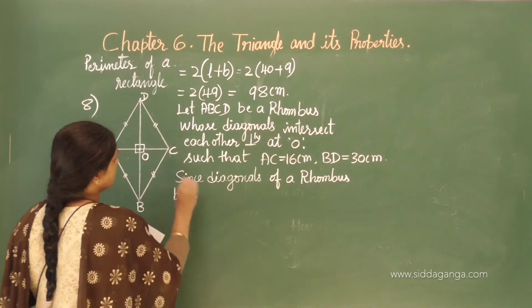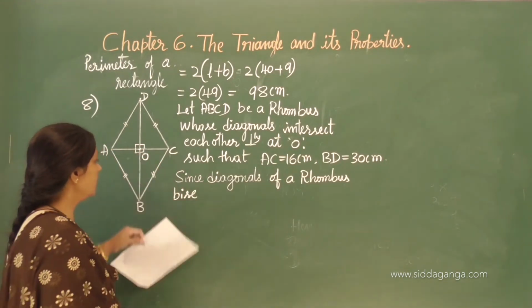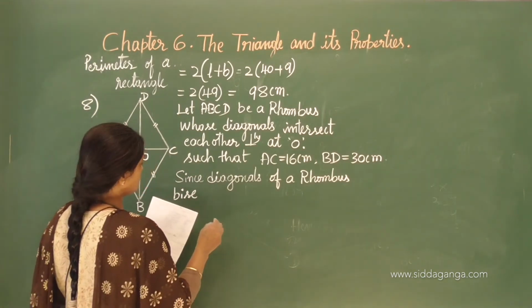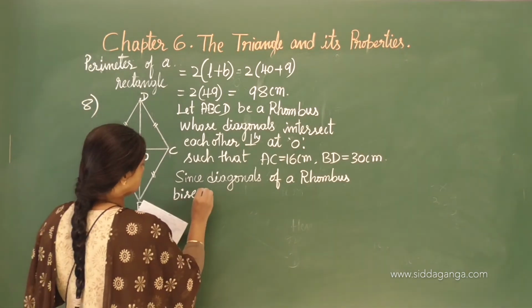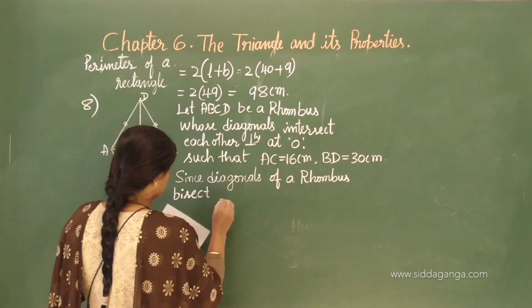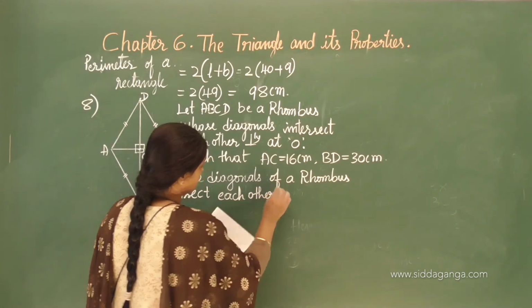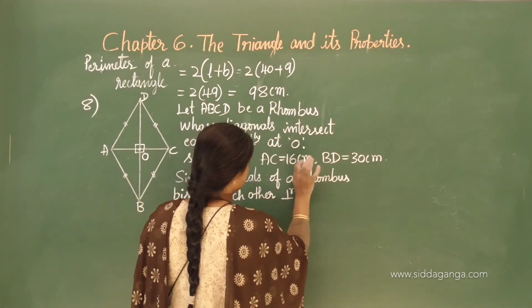Bisect means the parts after they meet are equal to each other. Bisect each other perpendicularly.